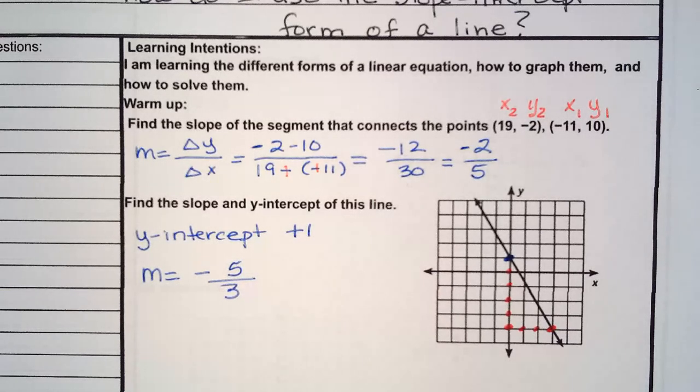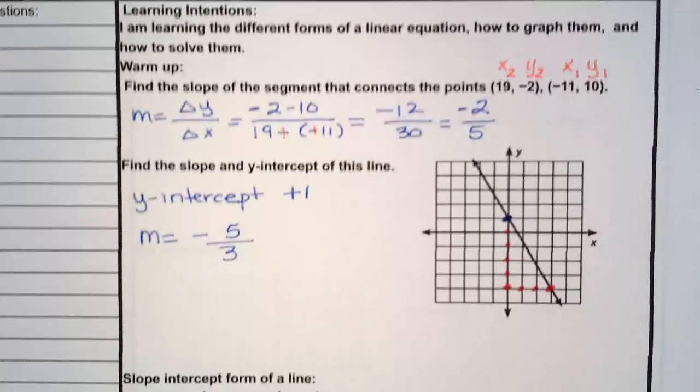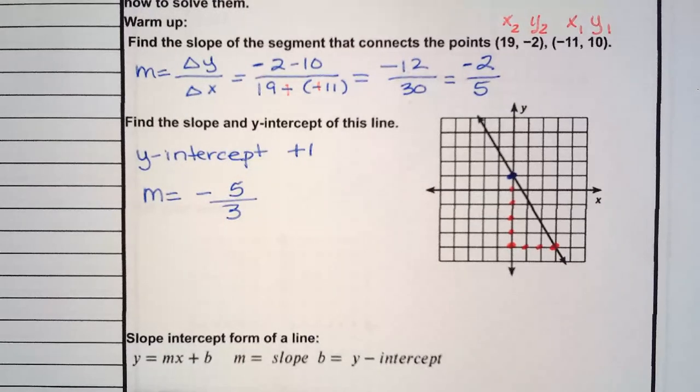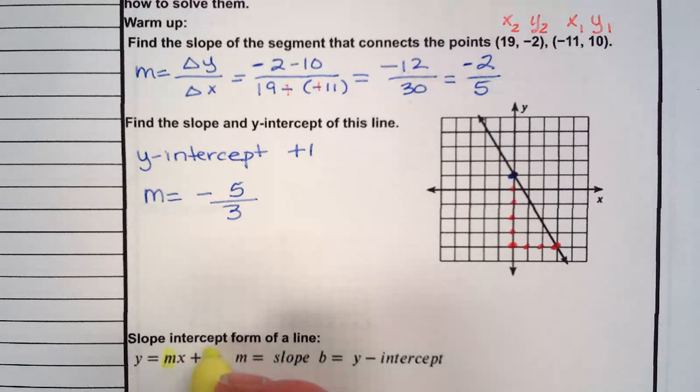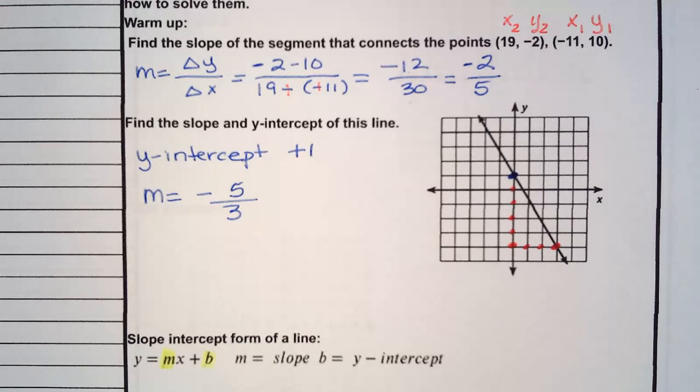So to put it in slope-intercept, which is this y equals mx plus b, the 2 pieces I have to know are my slope and my b value.